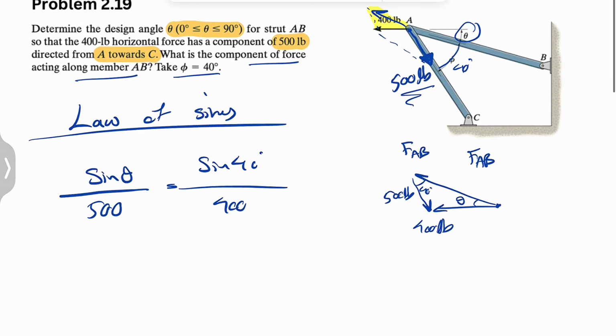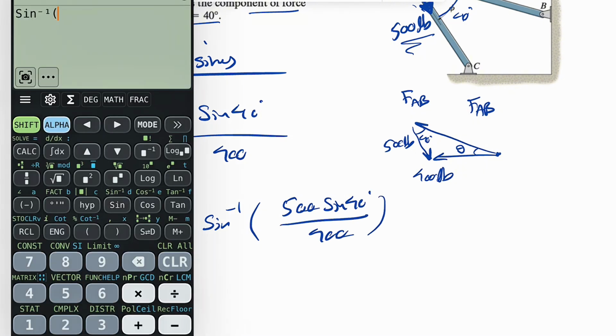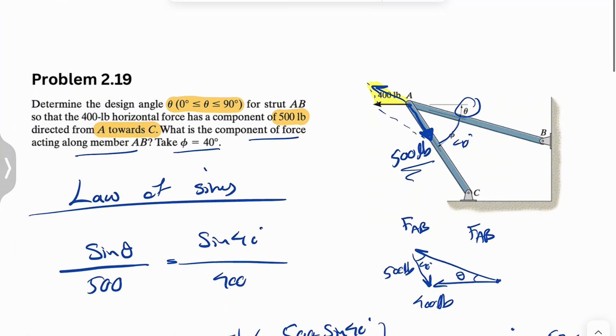So from here we can find the sine of theta, and our theta would be basically sine inverse of 500 sine of 40 degrees over 400. So sine inverse of 5 sine of 40 divided by 4, and that's going to give us the angle 53.46 degrees, or 53.4 if we want to report it in 3 sig figs.